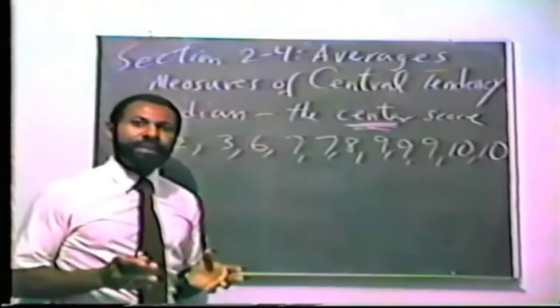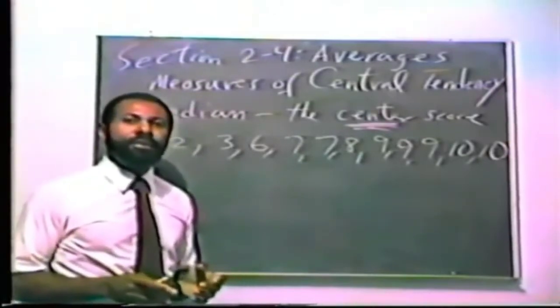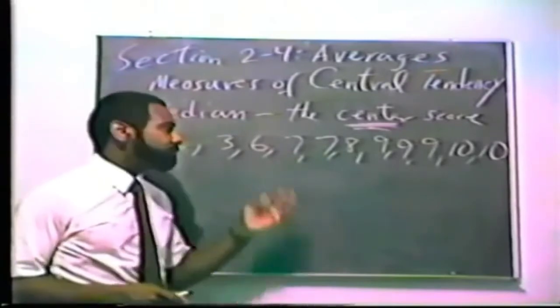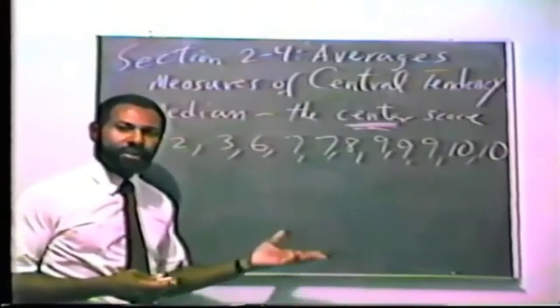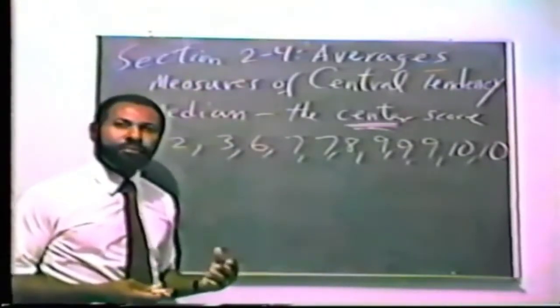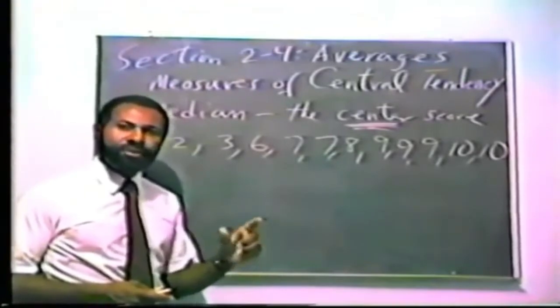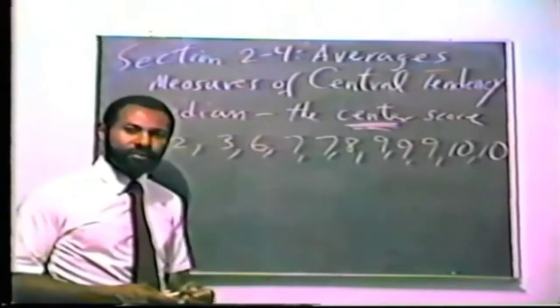When you look for the median of a data set, you have to put the numbers in order. Usually we put them in order from lowest to highest. You can put them in order from highest to lowest, and you should still end up with the same number in the center of the numbers.